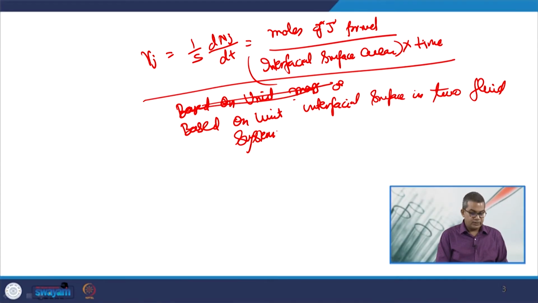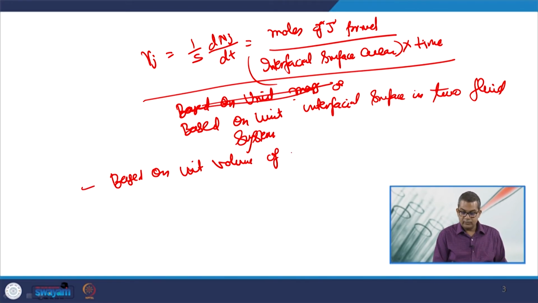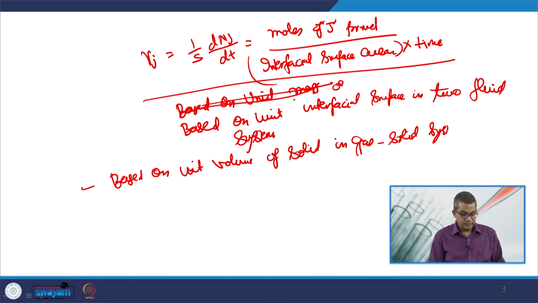Now another approach is based on unit volume of solid in a gas type of system. Let's have a brief look at the mathematical equation attributed to this particular approach, that is, based on unit volume of solid in a gas-solid system.